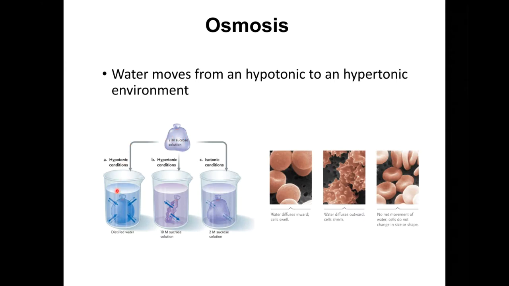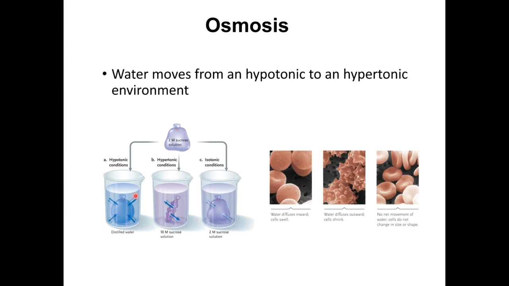Now, if you put it in a solution which is pure water, the pure water solution will be hypotonic compared to the solution inside of the balloon. And therefore, the water will be moving through the semi-permeable membrane from the area of low concentration to the area of high concentration, from the hypotonic solution to the hypertonic solution, and therefore will cause the balloon to swell. You would see the balloon swelling.